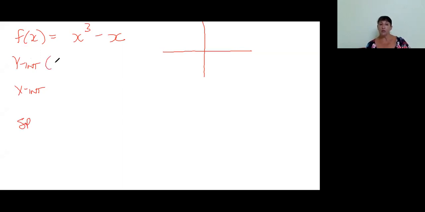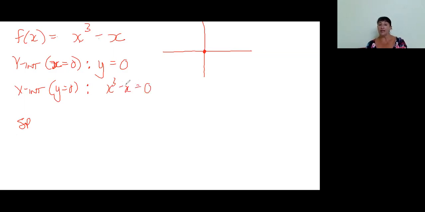The y-intercept we find by letting x equal 0. Remember, f of x means y equals, and 0 cubed minus 0 is 0. So the y-intercept is 0. The x-intercept is when y is 0. So I'm going to make y 0, so it's where this equals 0.